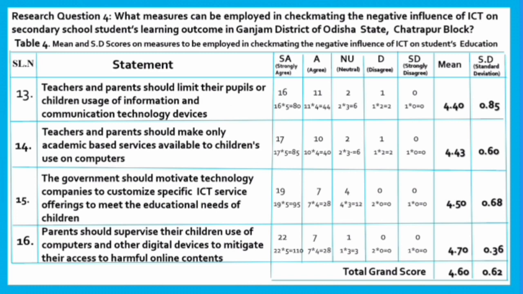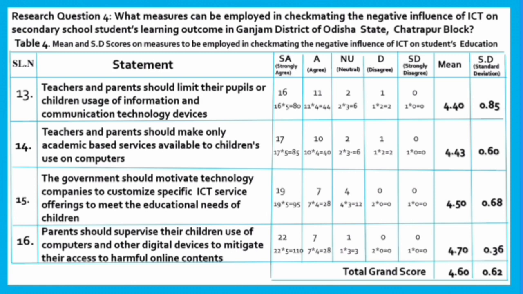Then the last statement, statement number 16, that is, parents should supervise their children's use of computers and other digital devices to mitigate their access to harmful online contents. Here, the mean score is 4.70 and the standard deviation score is 0.36.